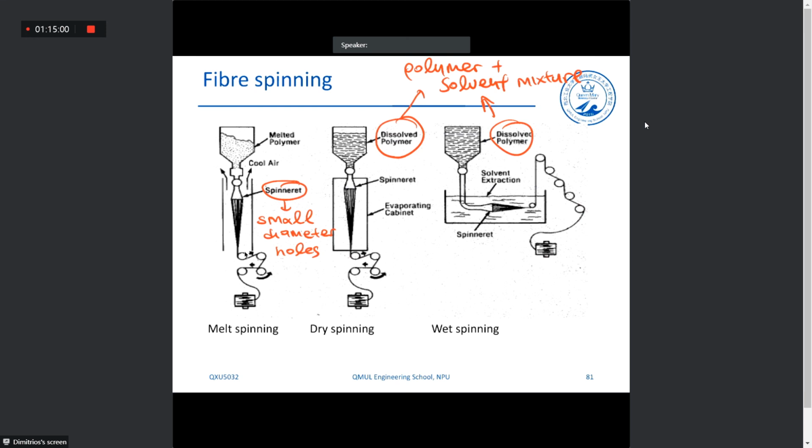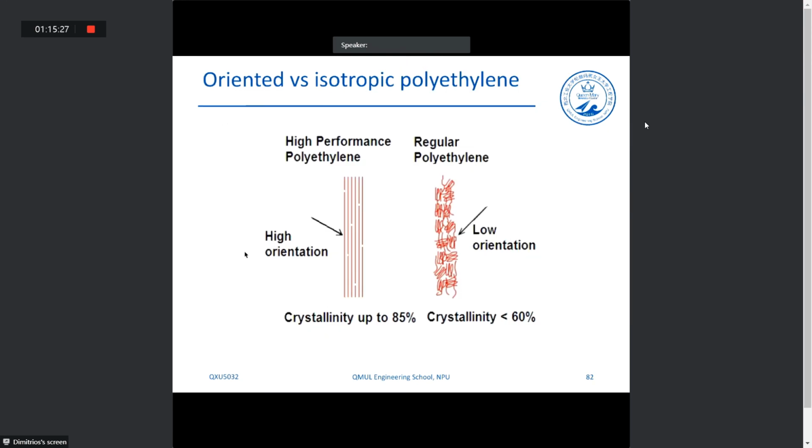So let's have a look at polyethylene, a very high performance polyethylene that is used in state-of-the-art applications. We need very high orientation, and also we generally use materials with high molecular weight, in order to have longer chains, okay, and a higher number of chains.